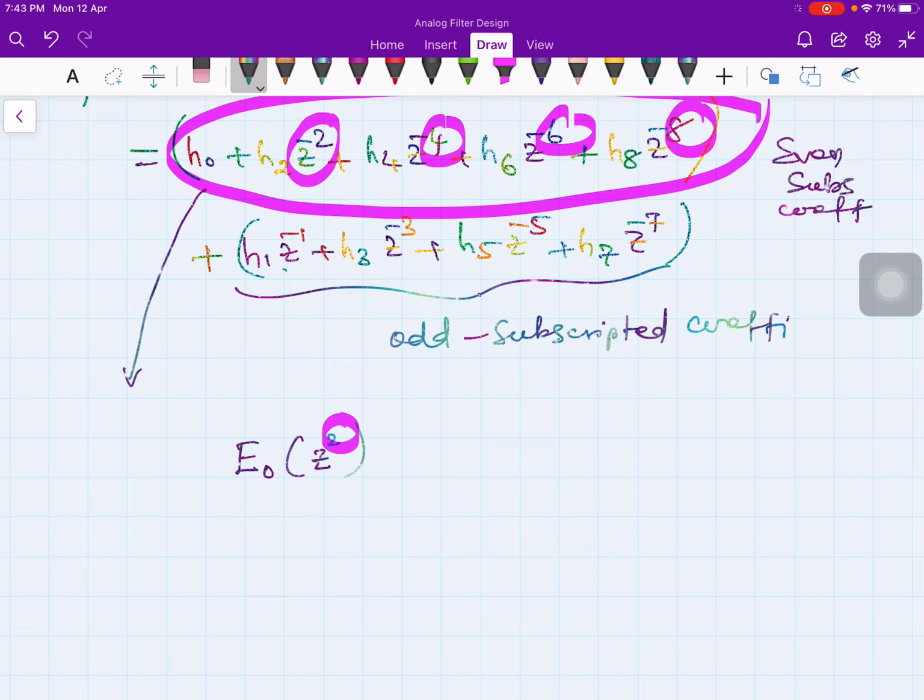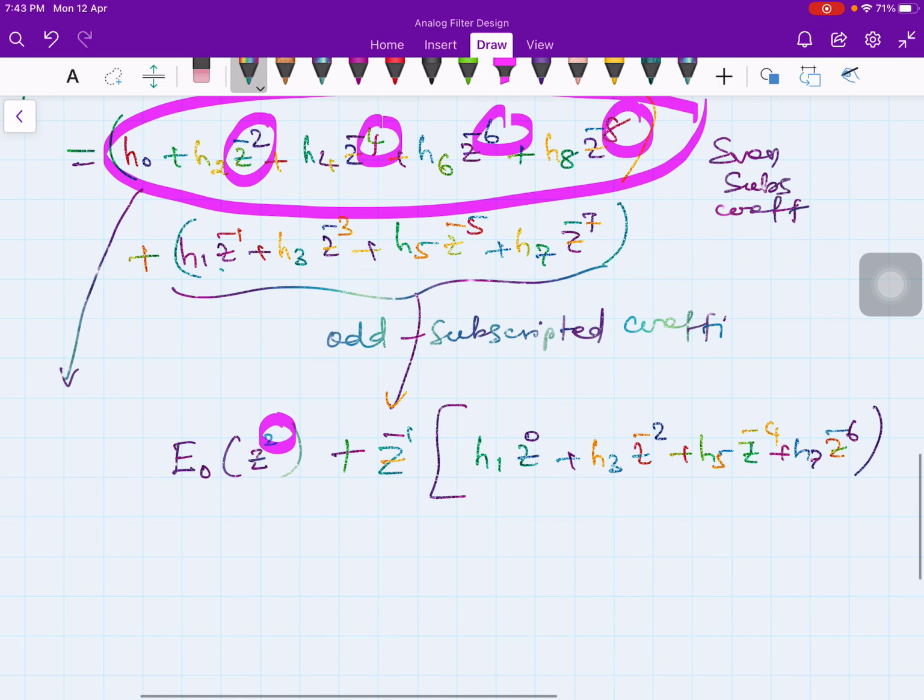And then this part, I can take z inverse commonly outside, and then you will be having h1 z to the power 0 plus h3 z to the minus 2 plus h5 z to the minus 4 plus h7 z to the minus 6. Once again, if you notice here, they are even powered.